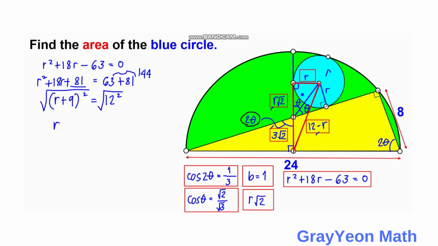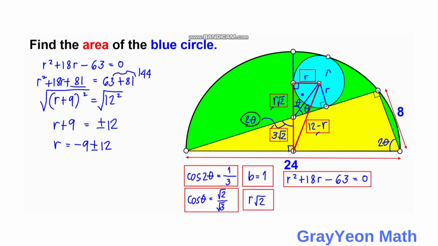we get R plus 9 is equal to plus or minus 12. And we put this positive 9 to the right hand side, so R is equal to negative 9 plus or minus 12.